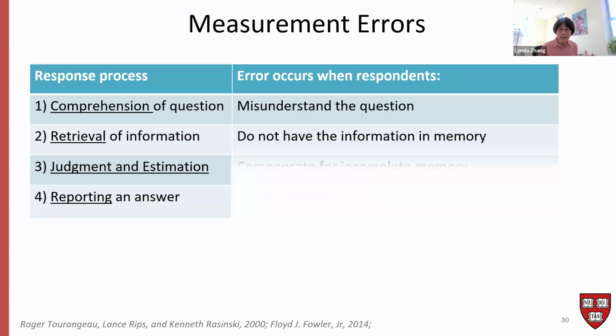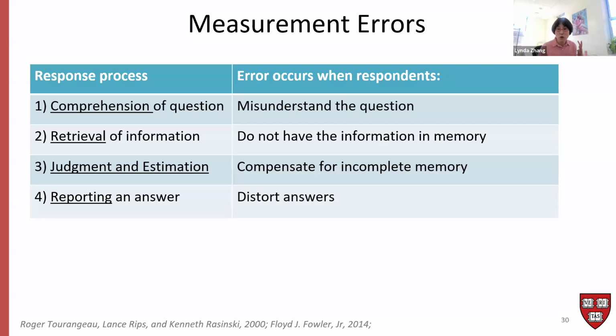They may misunderstand the question, struggle to recall the information, make rough estimates, or choose socially desirable answers to sensitive questions and distort the answer. So in the next few slides, we'll discuss strategies to minimize measurement error.